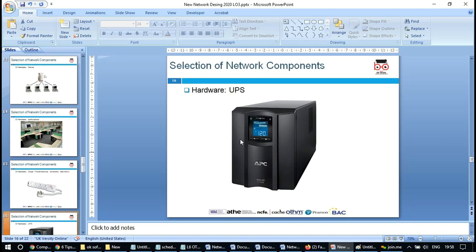So it is always recommended that an uninterruptible power supply must be provided.